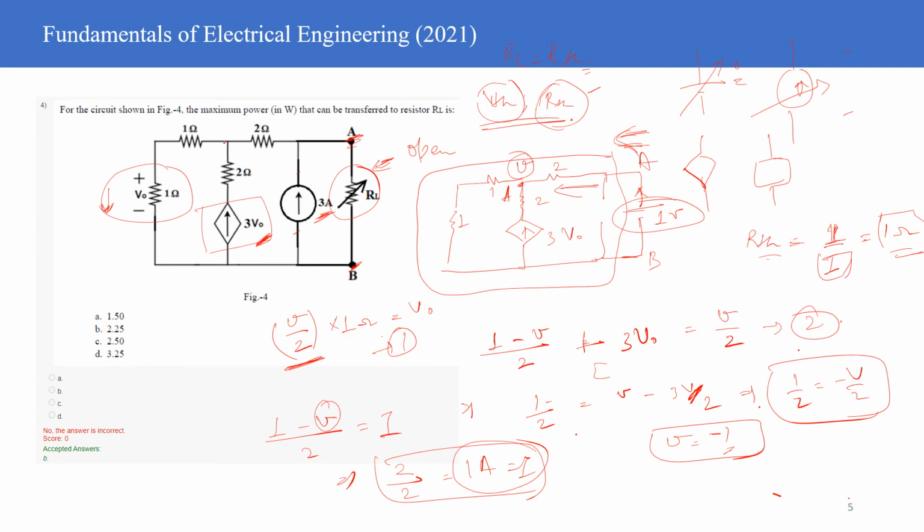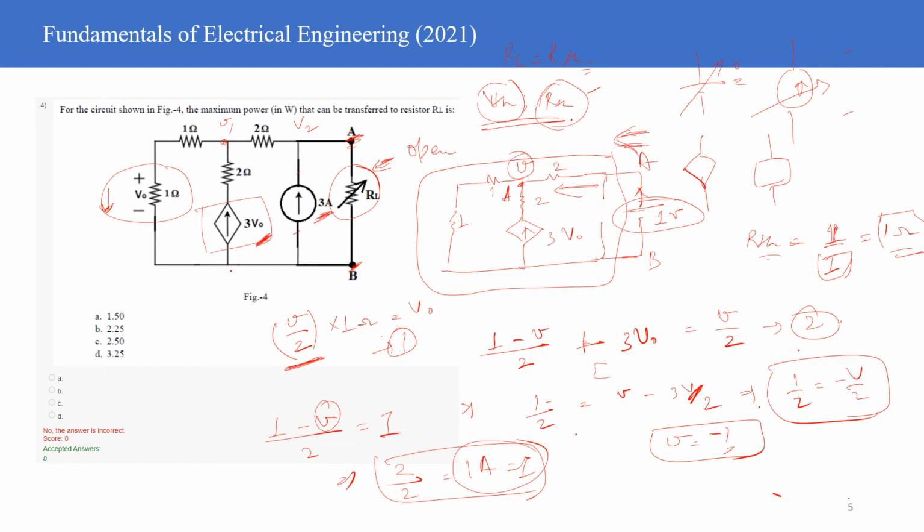The voltage here is V, the voltage here I'll call V1, and this one V2. How do you figure out V1 and V2? You use KCL and KVL, those two things you have with you.